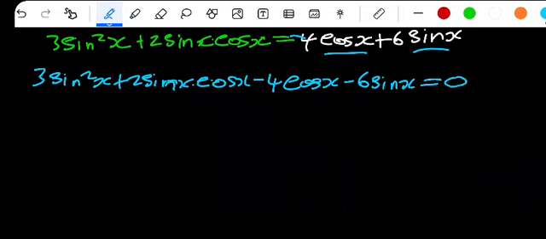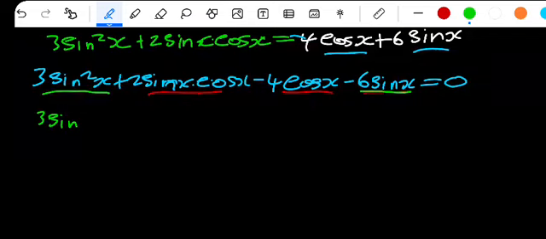Then I want you to group these in pairs. Here I have cos and I have sine. I will group the sine, and that will have minus sine squared x, minus 6 sine x.